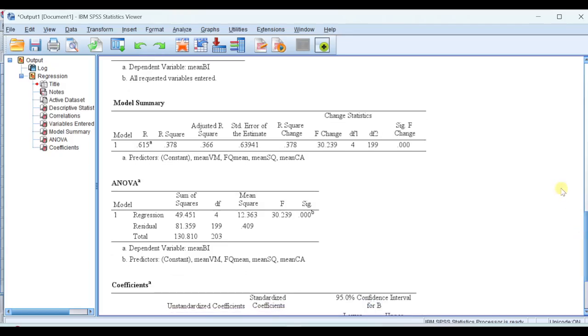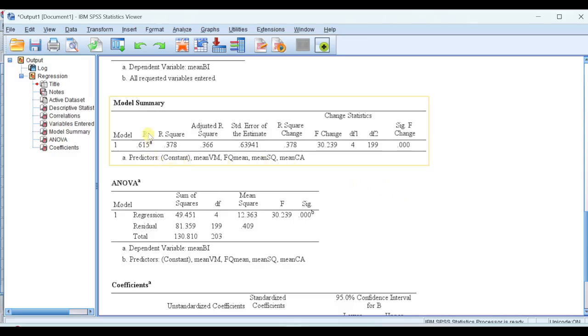So I use the enter method wherein all the variables are entered together in my regression equation. There is a stepwise method, a forward method and a backward method as well. But in this video, I'll be discussing the most common, which is the enter method, wherein we enter all the independent variables together to predict the dependent variable.